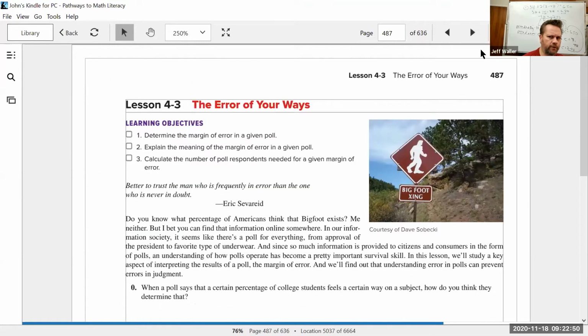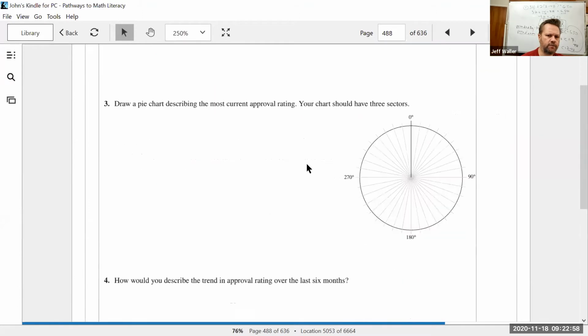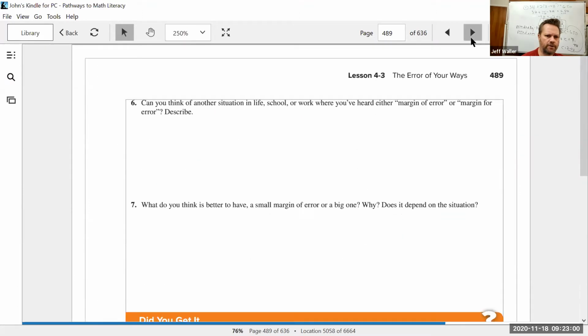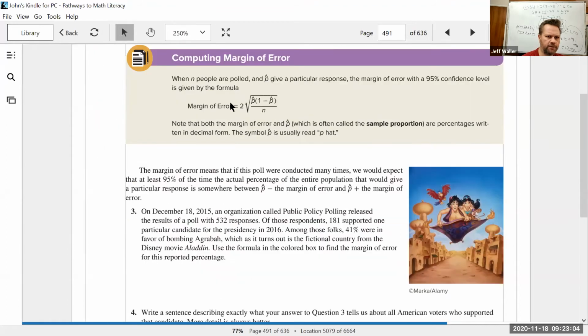And then in 4.3, we talked about margin of error. That's going to be on the quiz that's after this quiz tomorrow, so it's not anytime soon, but just to remind you, this is all built on this formula, and we made this formula a little bit better. I asked you this before, but what do we call 1 minus p hat?